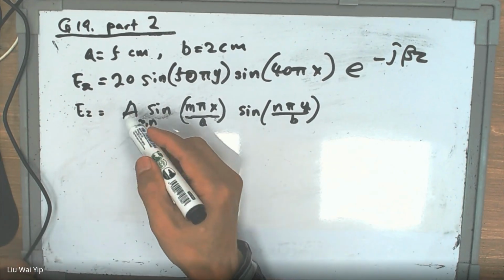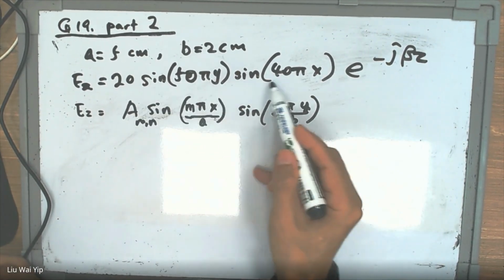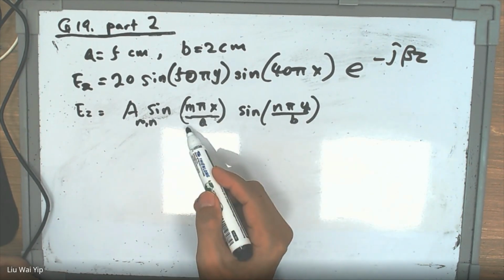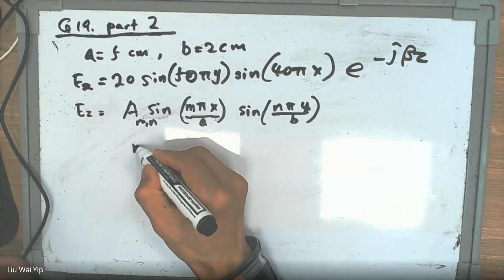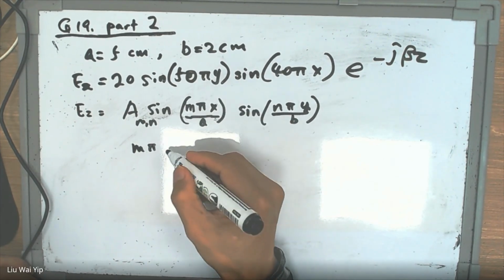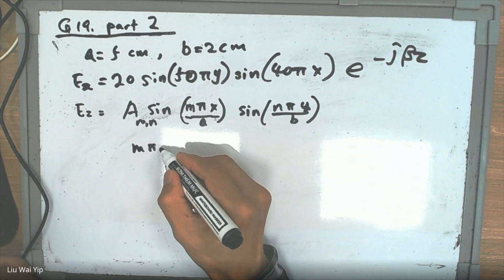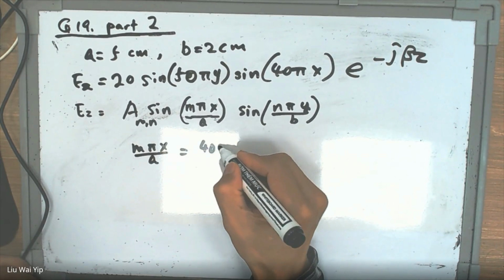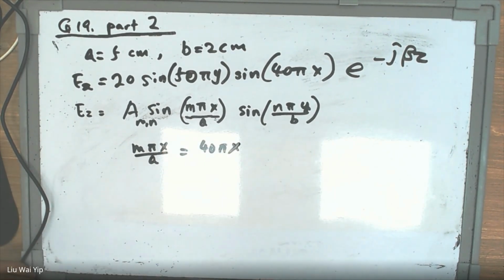If you just compare the given information with the original formula, you will get m pi x over a is equal to 40 pi x. So this is going to make your life easy.